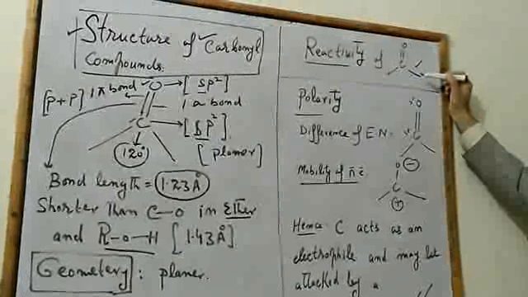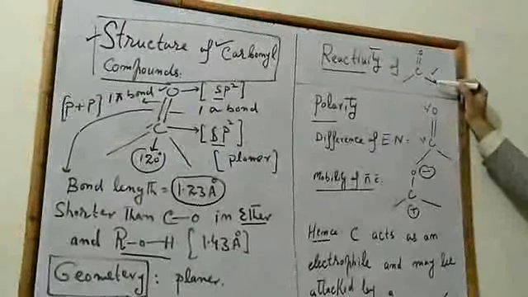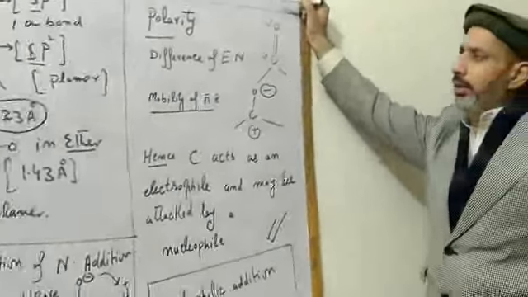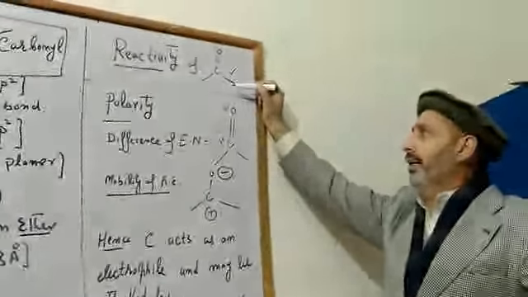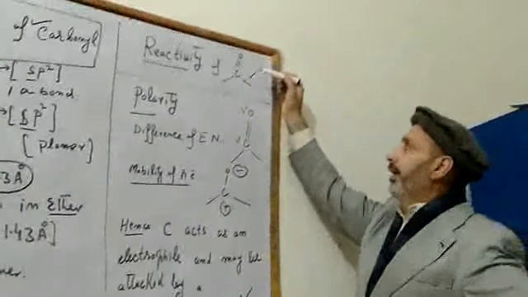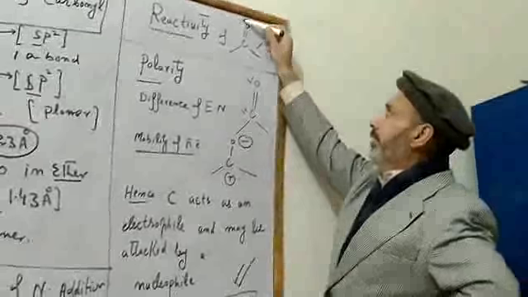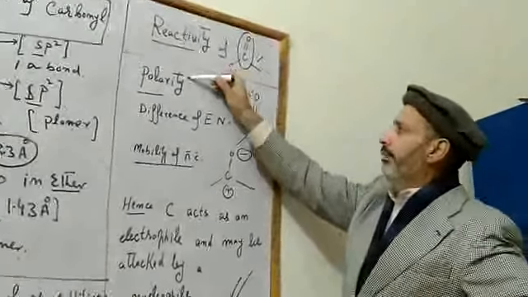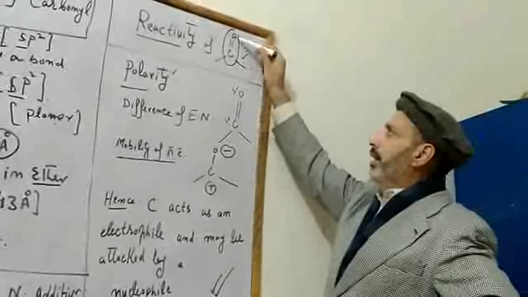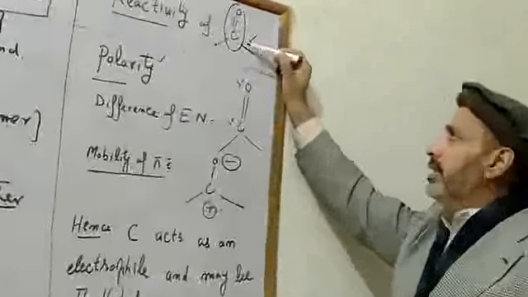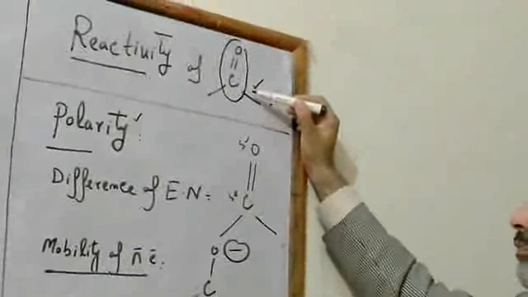Remember, in organic compounds the most important point is that the structure will affect the reactivity of a particular group or compound. If we look at the nature of this carbon-oxygen bond, it is polar. Polarity is due to two phenomena.